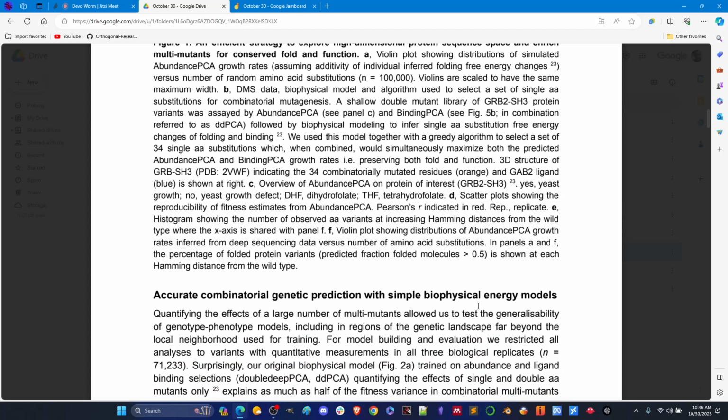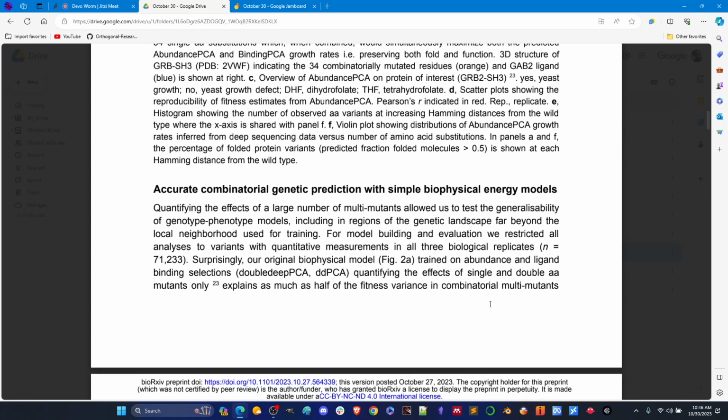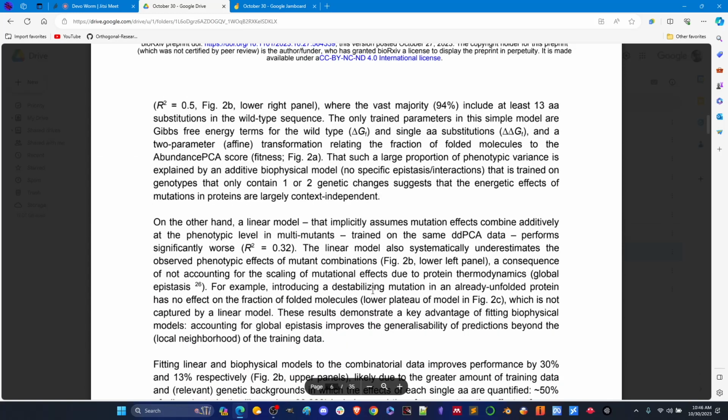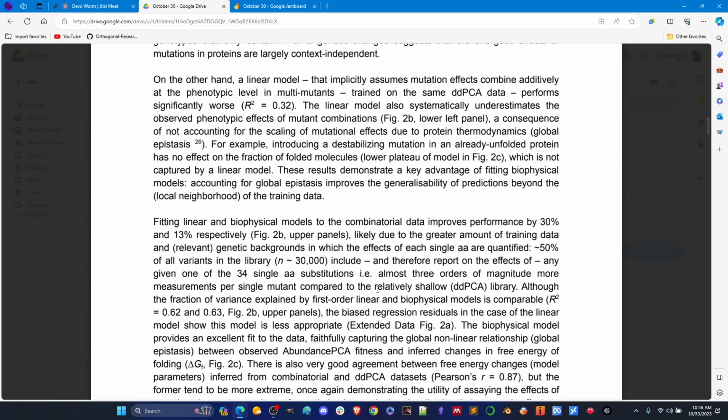So they do some other things as well, but the point here is that these models are quite good, at least in terms of what they've tested, and they are maybe a lot better, superior to deep learning models in a number of ways.